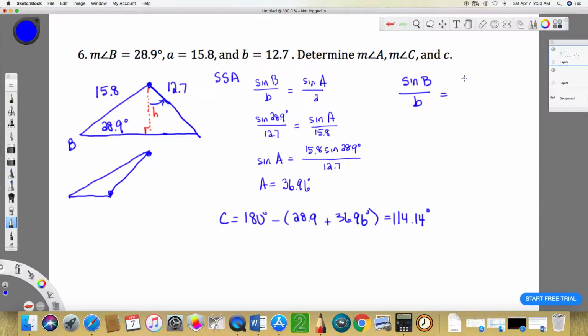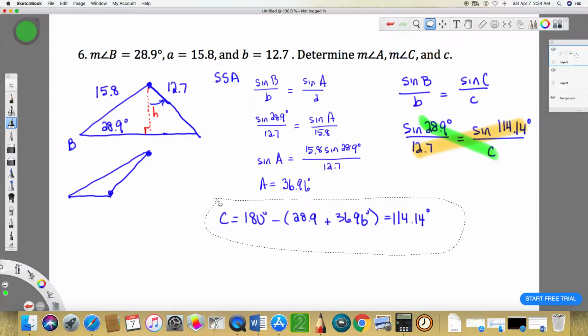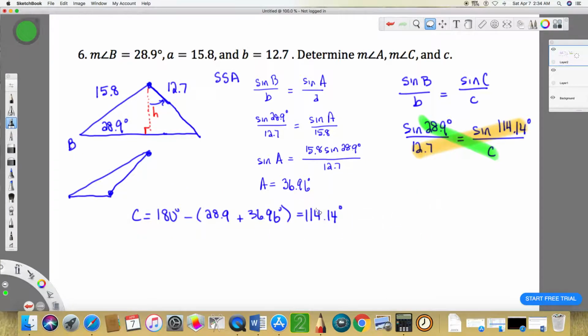And now we'll work with the C's, the angle C and the length C. We found the measure of this angle C to be 114.14, and we're trying to find the length of C. If we cross multiply, what do we get?